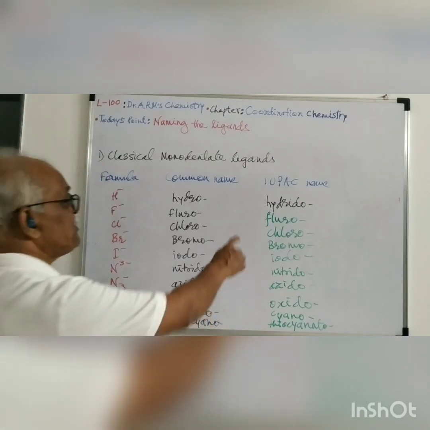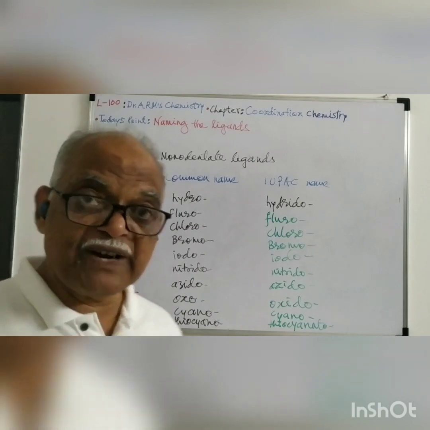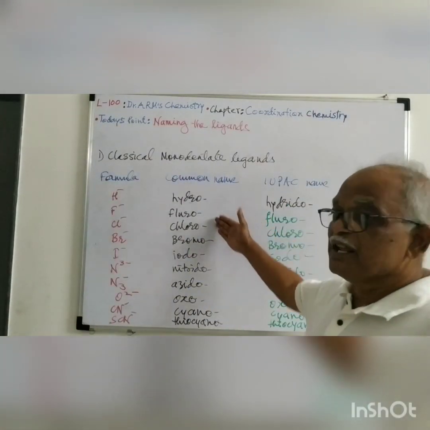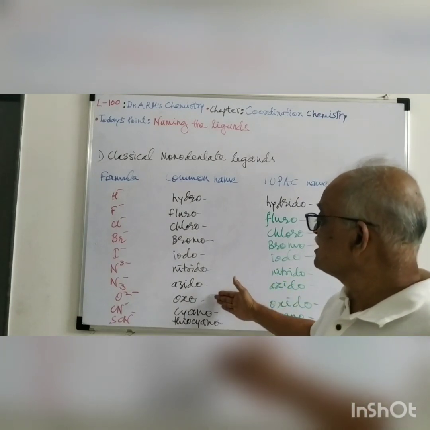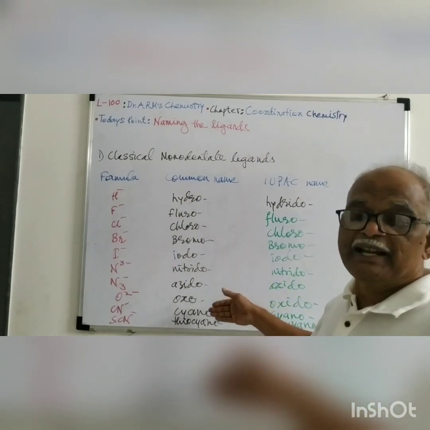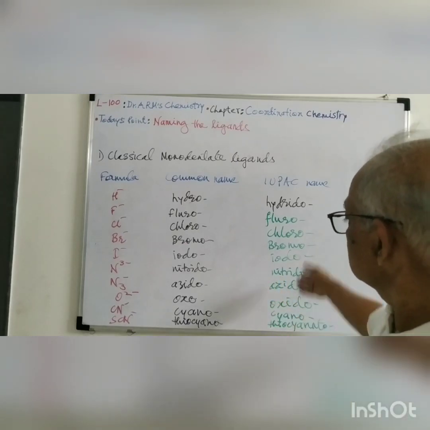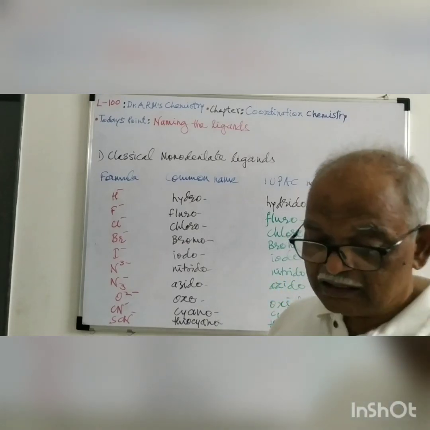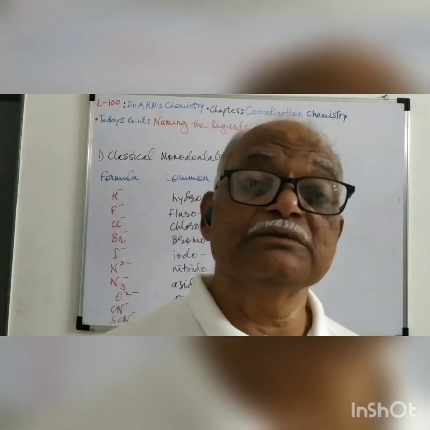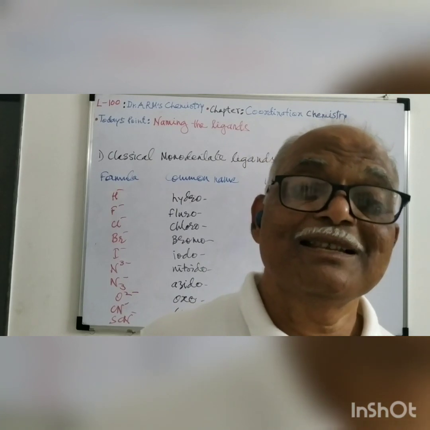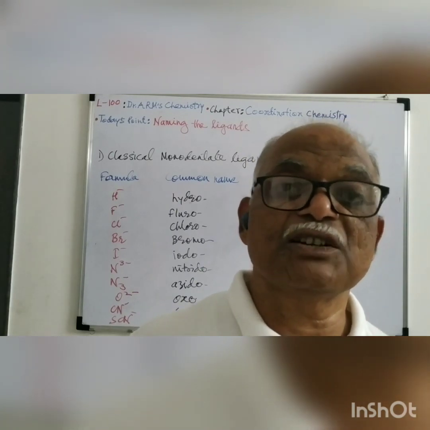So these are IUPAC names, but you will find that most of the time the trivial names or common names are used while giving the names to the complex, and these names are used mostly while showing the scientific names in research work.